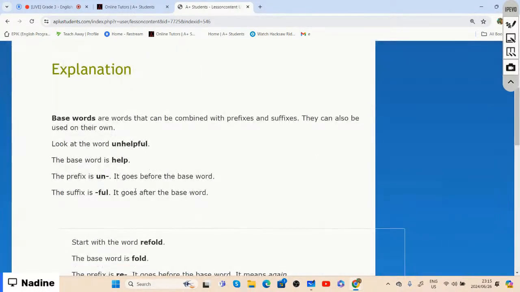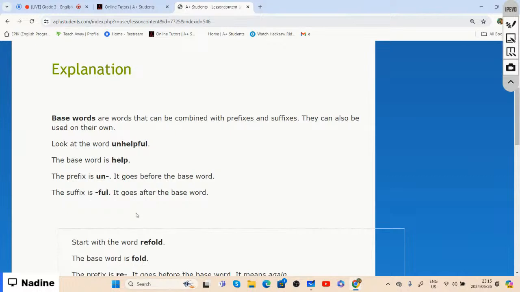And we made an example of unhelpful, right? Once again, base words can be combined with your prefix as well as your suffix, or you can combine it with the prefix alone, or the suffix alone, or base words can just stand on their own.